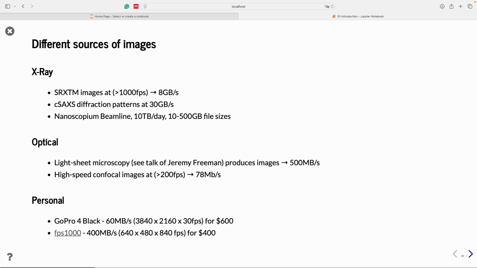Yes? So for the GoPro, like 3,840 times 2,000 times 30 frames per second, can you instantly tell the megabytes per second from that, or how do you? It's not a fair number because it compresses automatically. In hardware, it already compresses into some MPEG compression. So if you would look at the raw data, you would expand the film, then you would get something like this. But there's the formula which is straightforward to put in the numbers and you know how many megabytes it is for that.